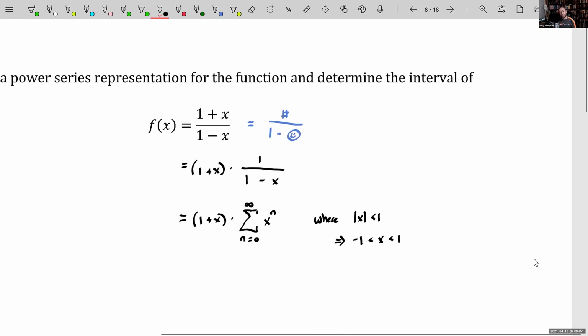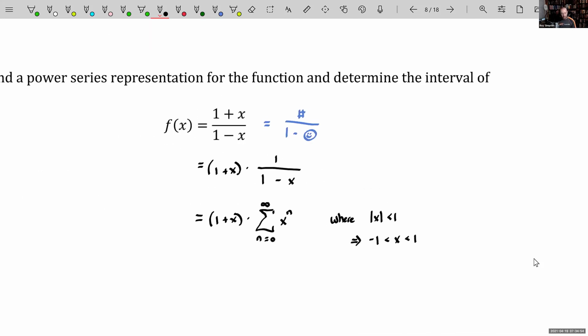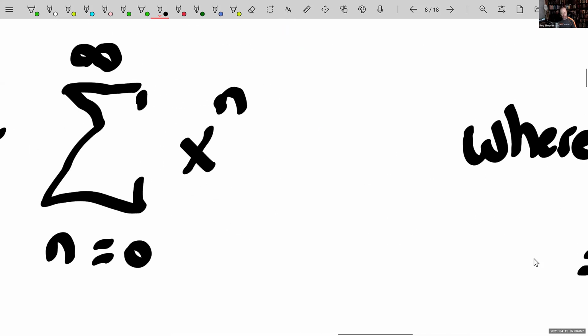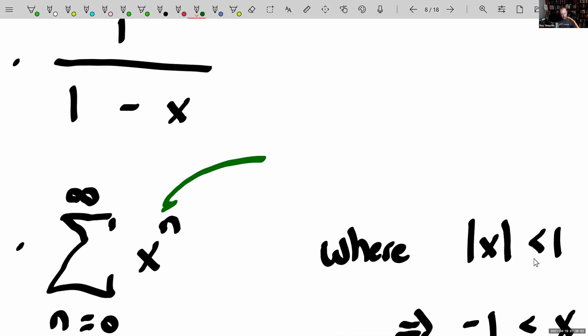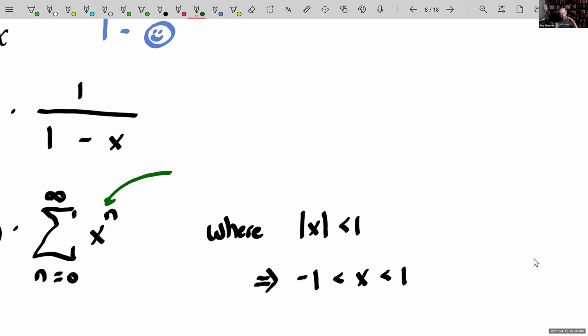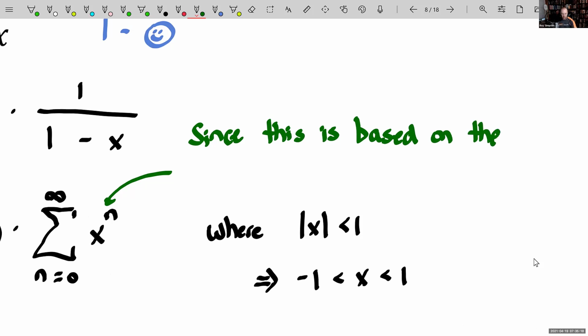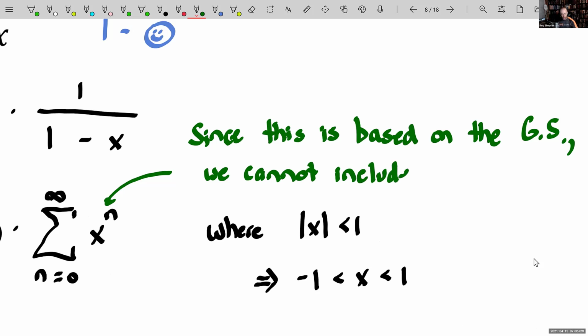However, when you're dealing with a power series based upon the geometric series, I'll go ahead and make a little green note here. Since this is based on the geometric series, we cannot include endpoints.